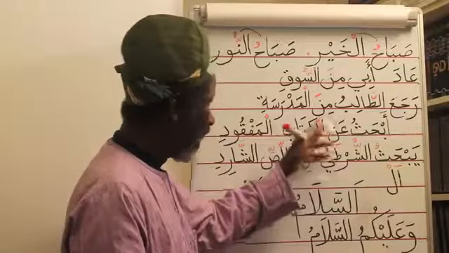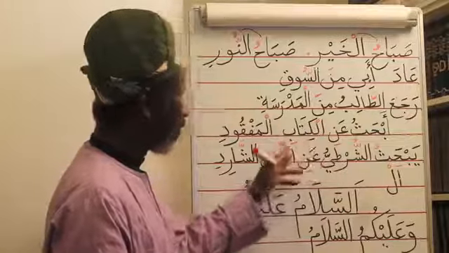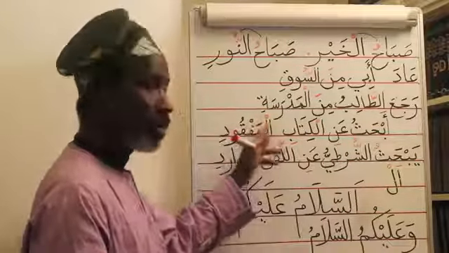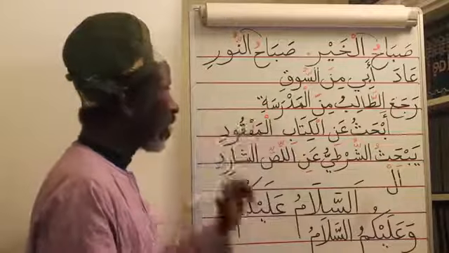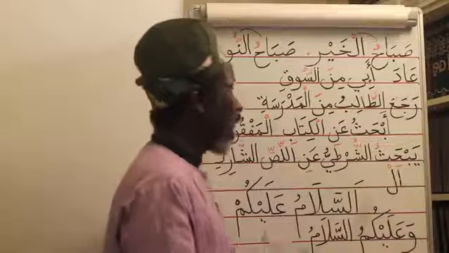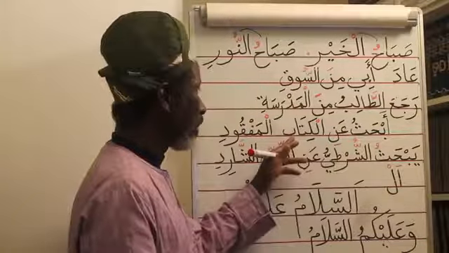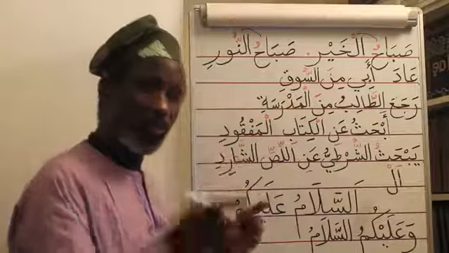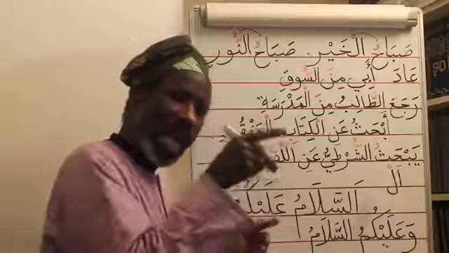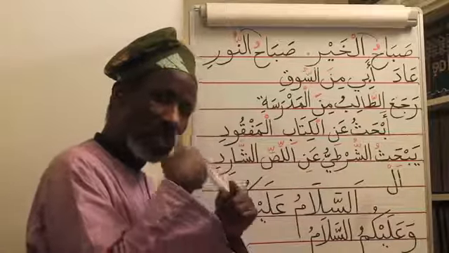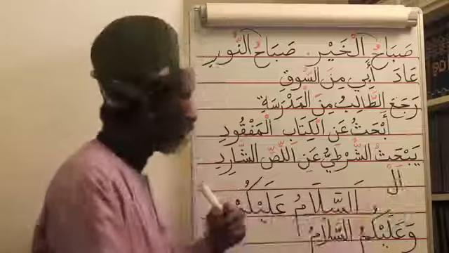Abhathu anil kitab bil, the same principle. So don't read by saying abhathu an ani al kitab al mafqud. You need to read, connect, read ahead, join them, so that will give you a smooth reading.